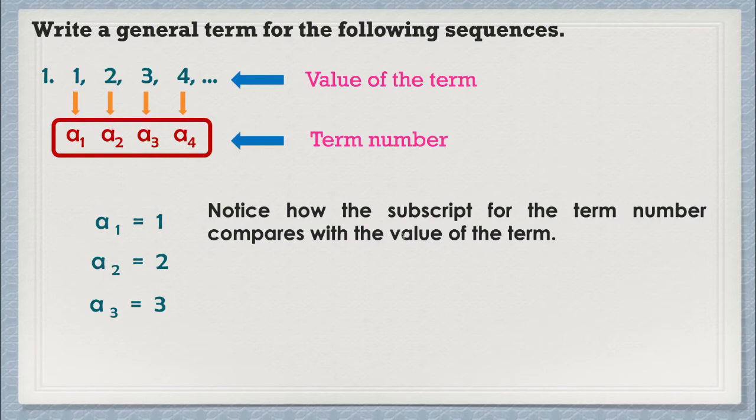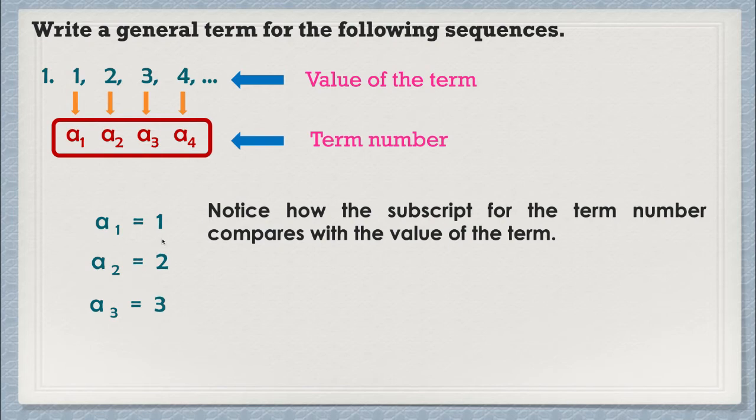Now notice how the subscript for the term number compares with the value of the term. So let's look at the subscripts and then let's compare it with the term numbers. So here the subscripts are this a sub 1, the subscript is 1, 2, 3.